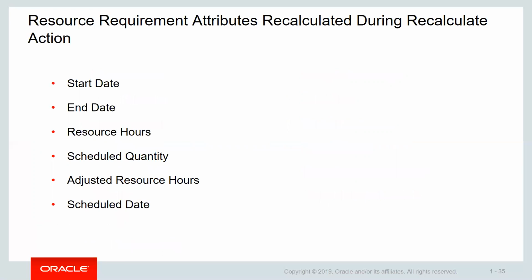Here we are looking at the resource requirement attributes that are recalculated upon a recalculate action, including start and end dates, resource hours, scheduled quantity, adjusted resource hours, and scheduled date.